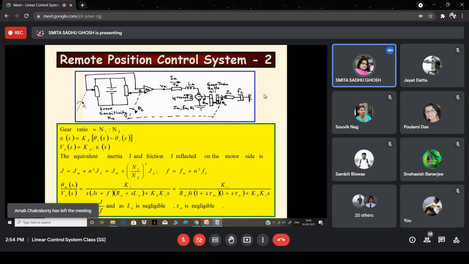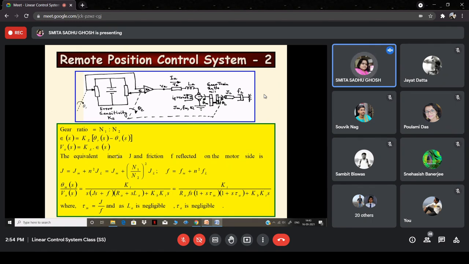Now the transfer function we've already derived earlier, and you would recollect that it looked like this, that is Ki by s into something over here, whatever is written over here. This was the model.